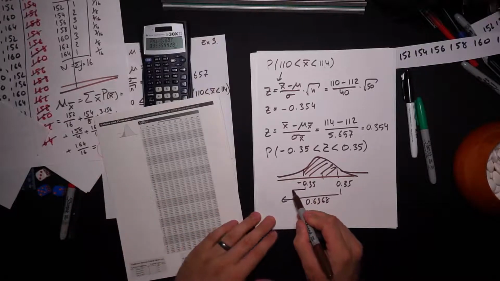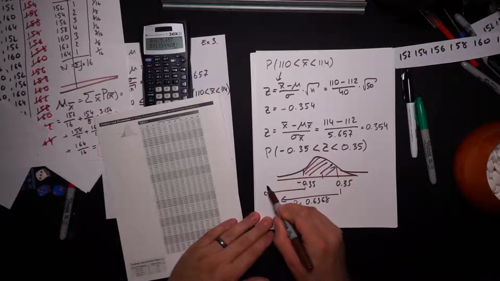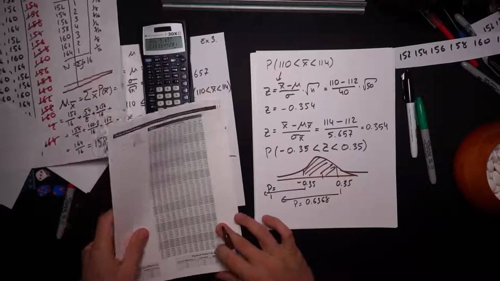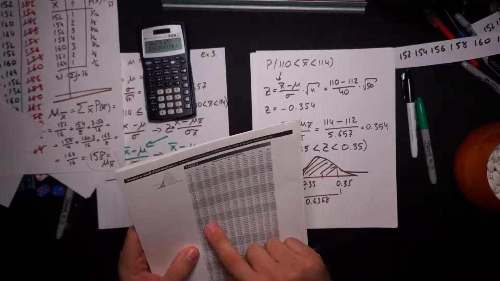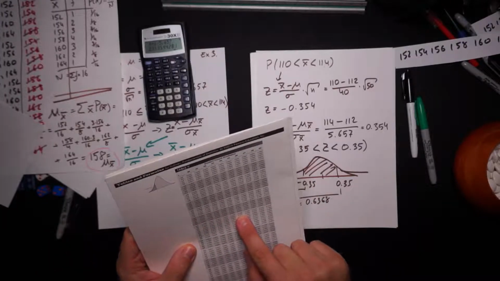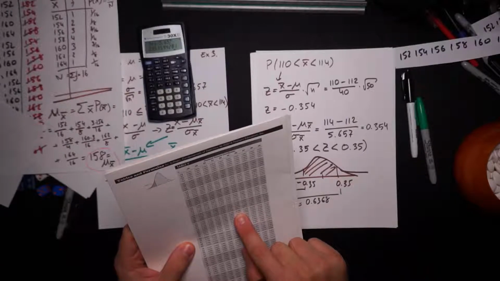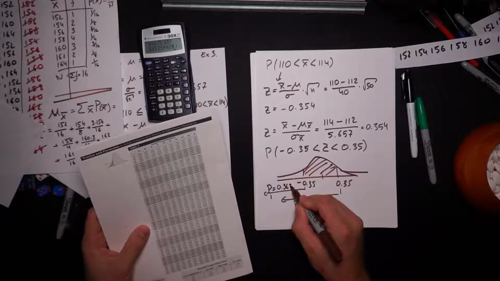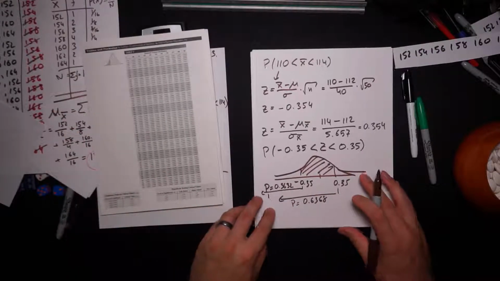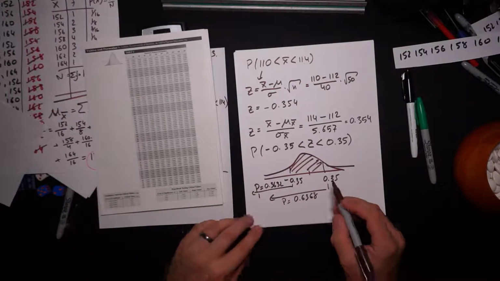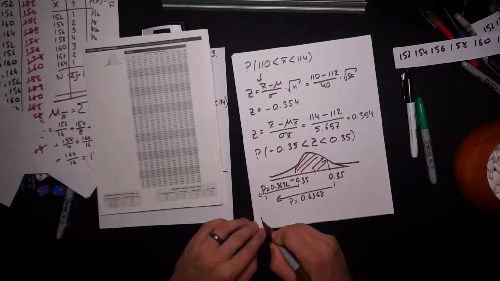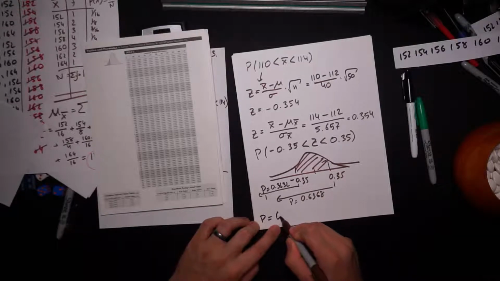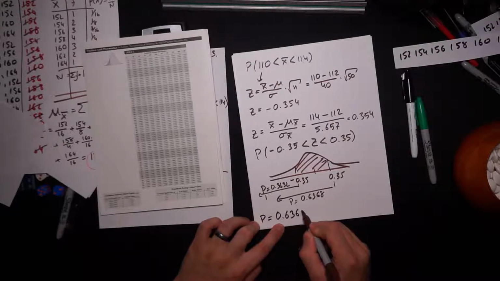And I'm going to look up this probability, and this probability for negative 0.35 equals 0.3632.